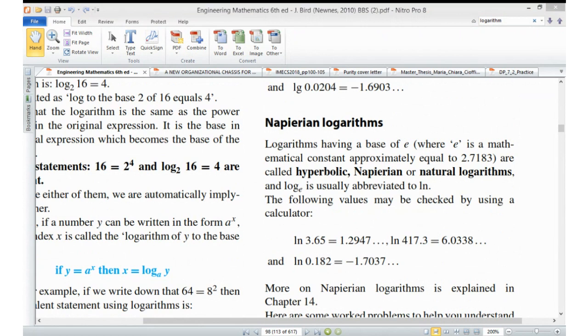Natural logs have base e, and we also write them in an abbreviated form. If you are interested in them, then we'll move to chapter 14 as the book suggests, which is not going to be the case for us.